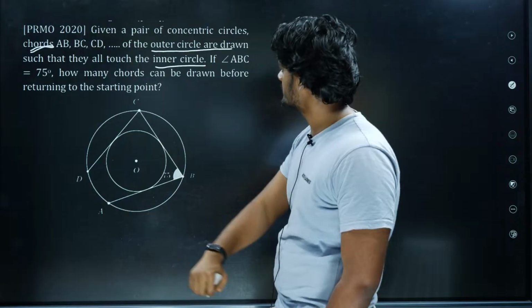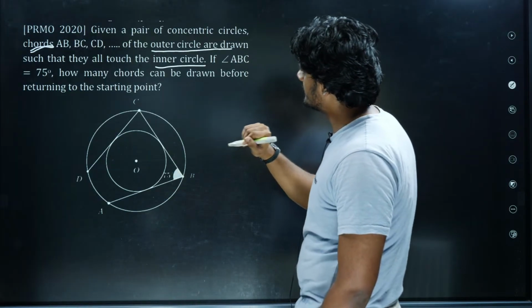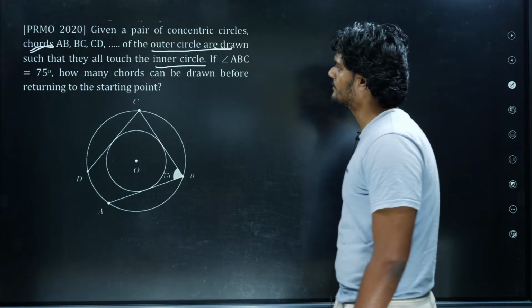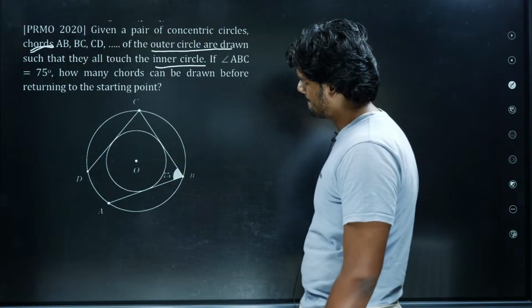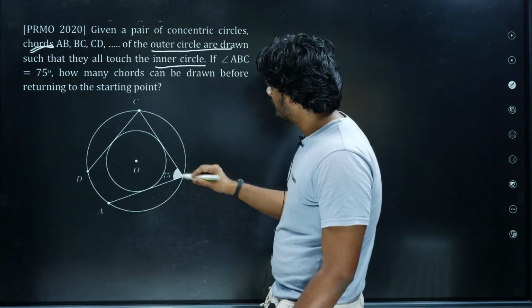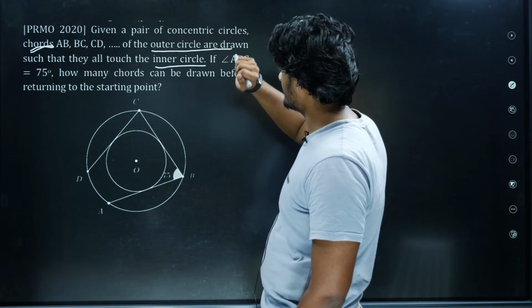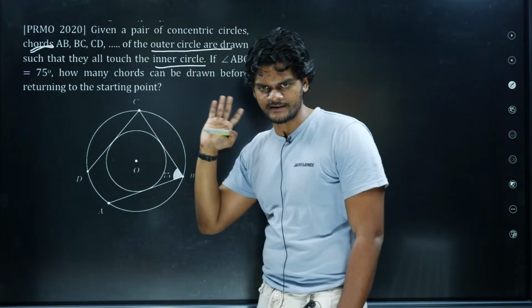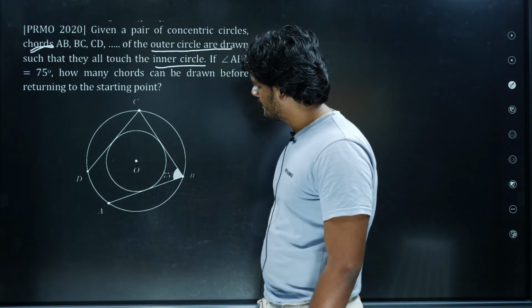They are tangent to the inner circle. If angle ABC is 75, how many chords can be drawn before returning to the same point? Think about it. All the chords are of the same length also. I think that is not mentioned, but I think all the chords are of the same length. And this is making 75.